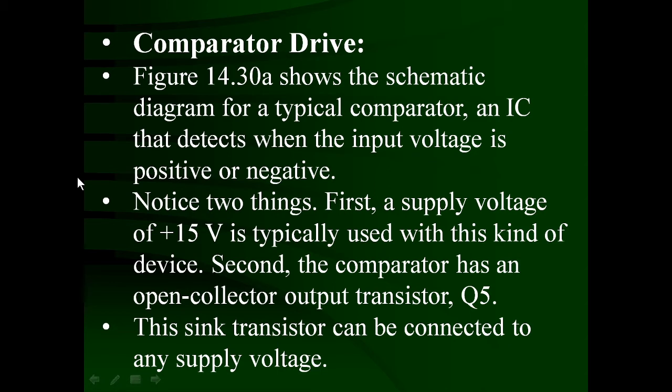It compares the two inputs, and if the input is positive, the output is going to swing to positive 15 volt, and if the input voltage is negative or the input terminal is more negative, then the output is going to swing to minus 15 volt, because LM339 works over a split power supply just like an op-amp with plus 15 volt and minus 15 volt normally. Or instead of that, you can connect plus 15 volt and 0 volt ground.